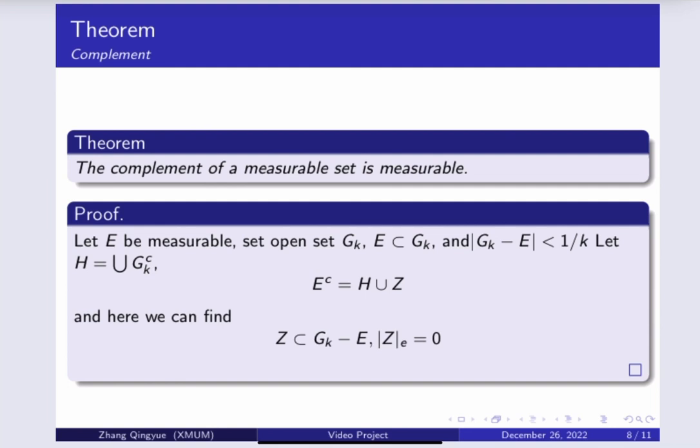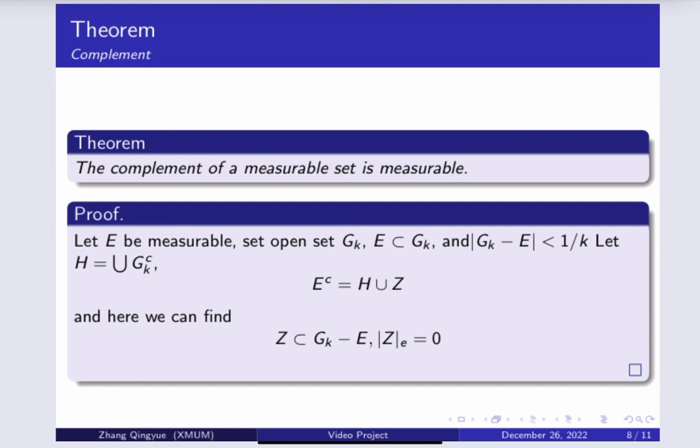H belongs to the complement of E, and we can write the complement of E equals the union of H and Z, where Z equals the complement of E minus H. We can see that the measure of Z is 0 because Z belongs to the complement of E minus the complement of Gk.